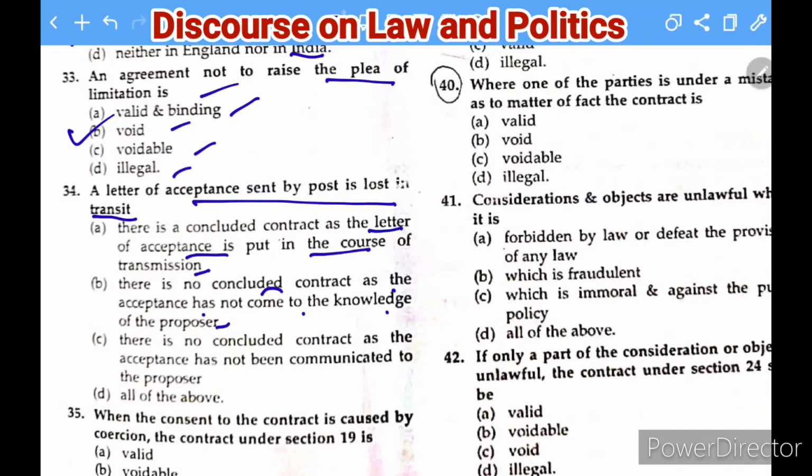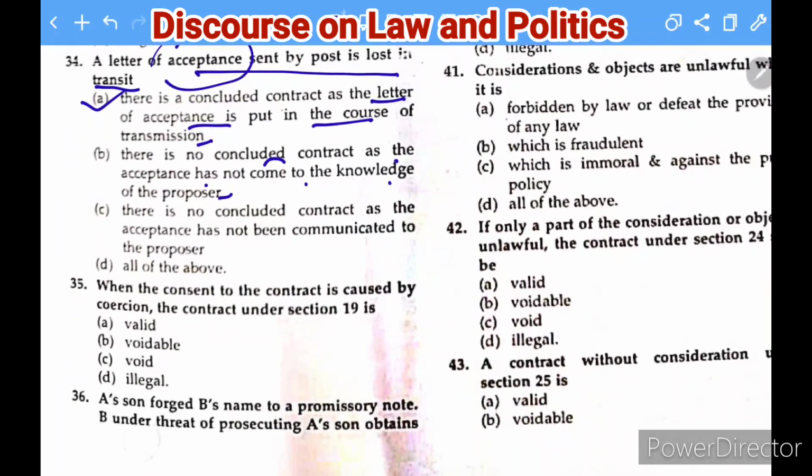So which is the right answer here? As per the law, the contract is concluded the moment you put the letter in the course of transmission.